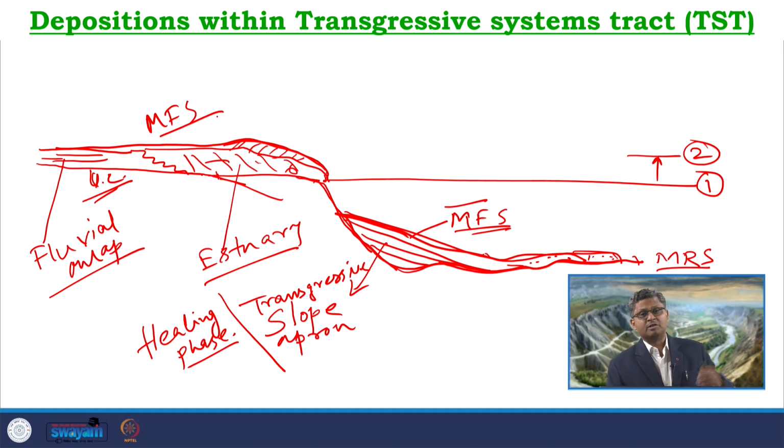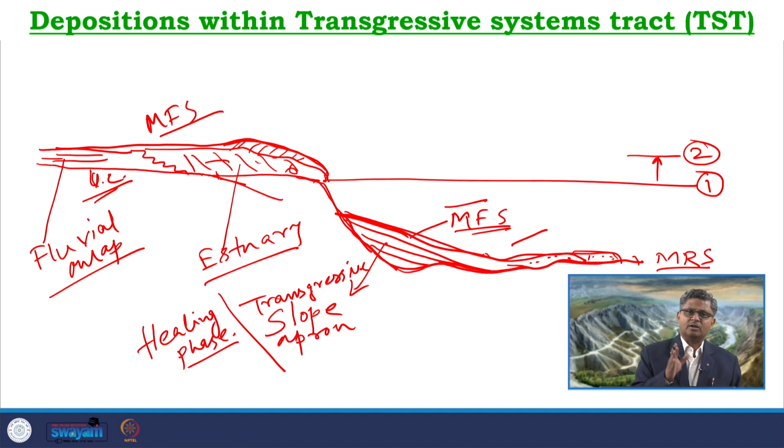As discussed in our first class on this transgressive systems tract, the packages of the transgressive systems tract can be found in two different sectors: one in the fluvial to coastal onlap, and the second the marine onlap, which is present over here.